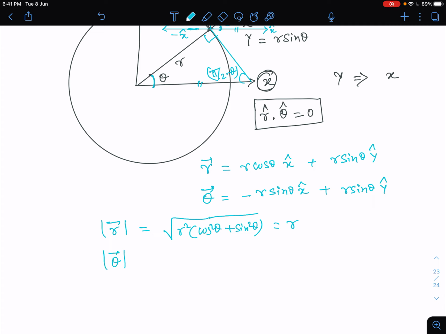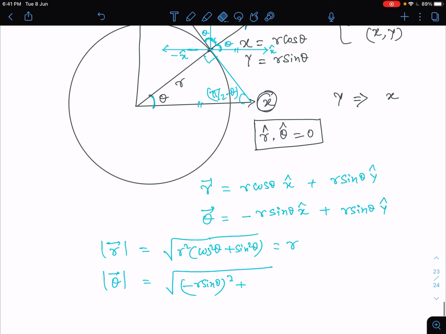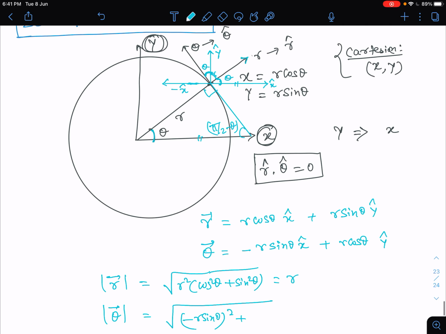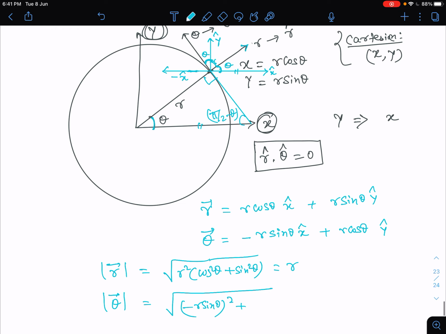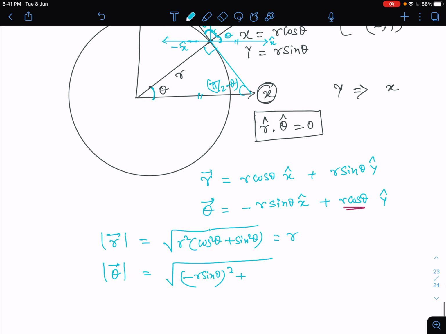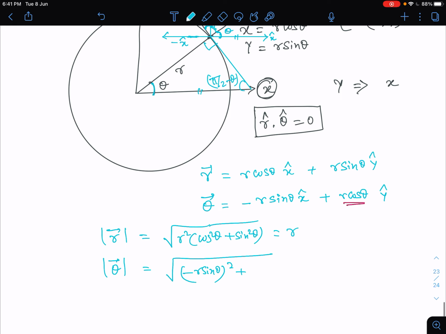And also the magnitude of theta is the square root of minus r sin theta squared plus, sorry, this is a typo, this is r cos theta, since this component is r cos theta, so that is r sin theta squared plus r cos theta squared, that is again r.